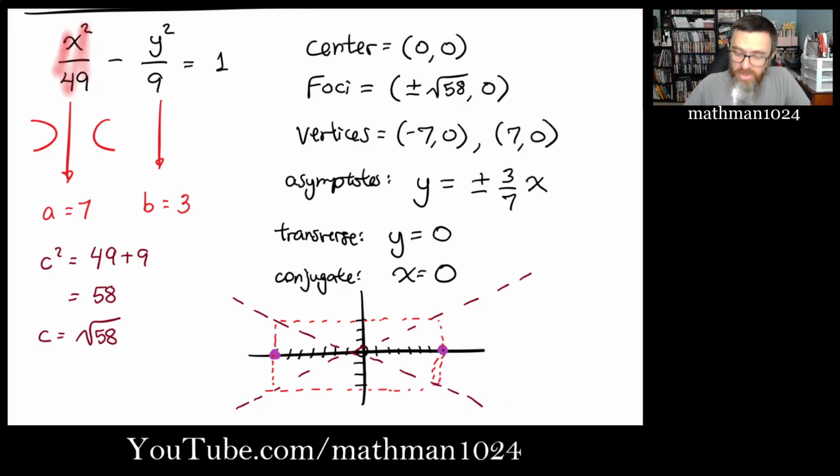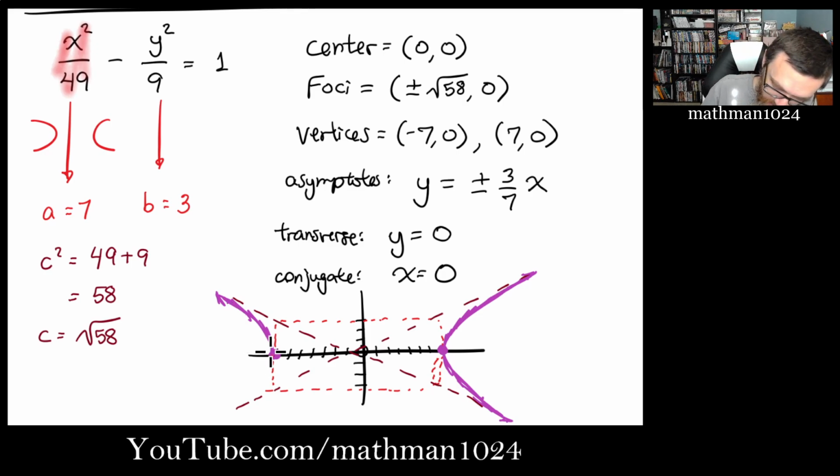So that when we draw the hyperbola, it almost looks like you're doing parabolas off to the side. So you start to curve out and you start to get closer and closer to that asymptote. So we're going to do that over here as well. And then we copy that here on the left. So your hyperbola is not going to cross those asymptotes. It's just going to keep getting closer and closer to that as you go out to the edges.